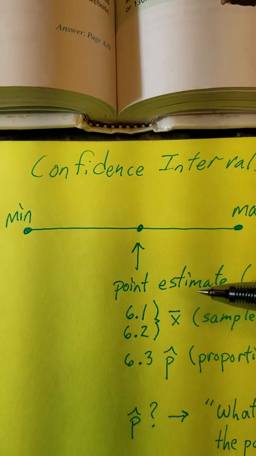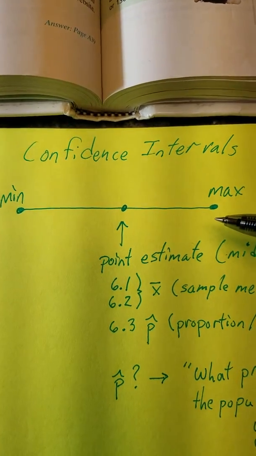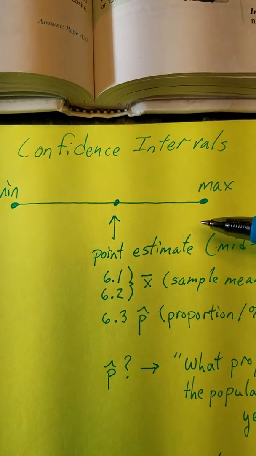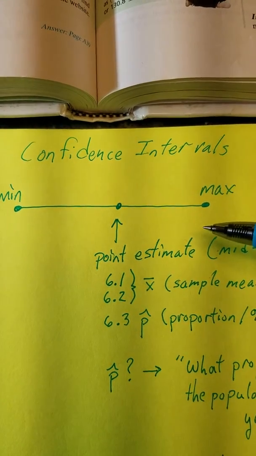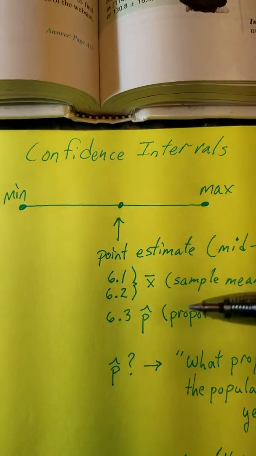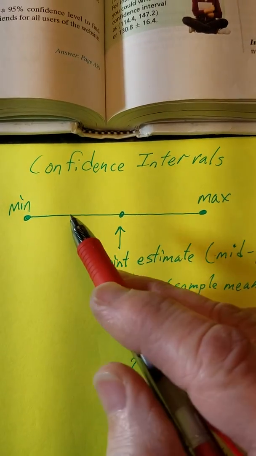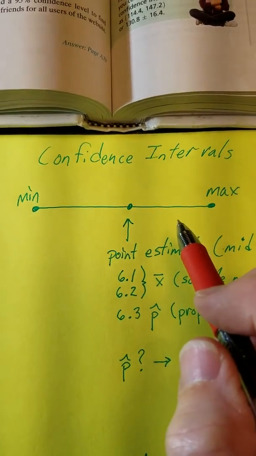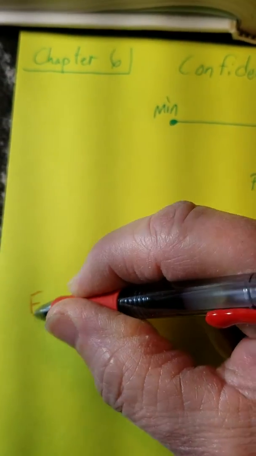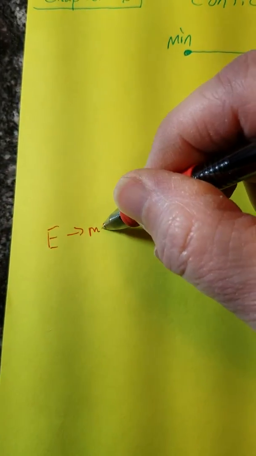Okay, but then what? Then we need to find this minimum and the maximum. Some of the problems you can just have your calculator find for you, and other times they have you find it by hand. To get to the min and max by hand, you have to find the margin of error, and they use that nice big capital E for that. That's margin of error.